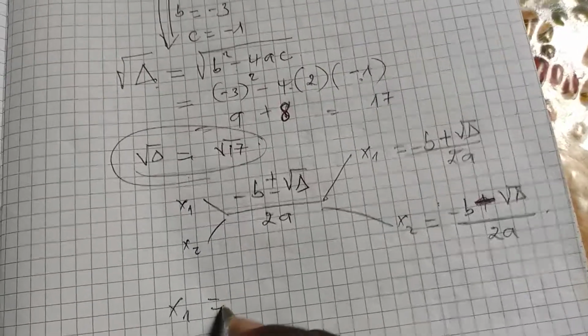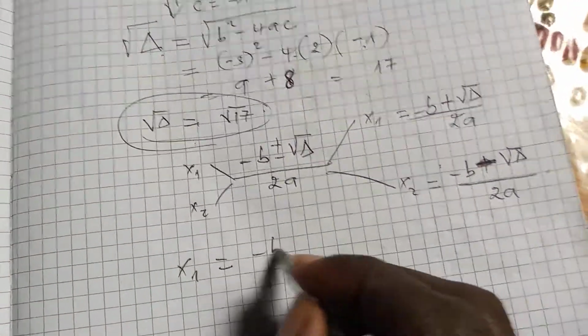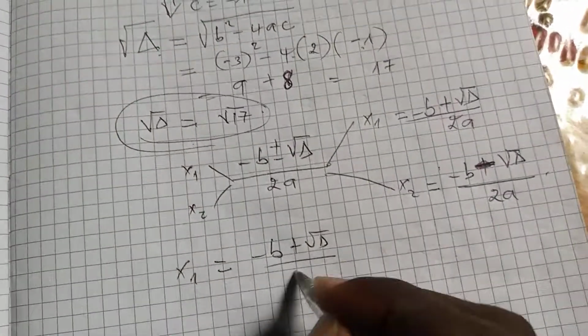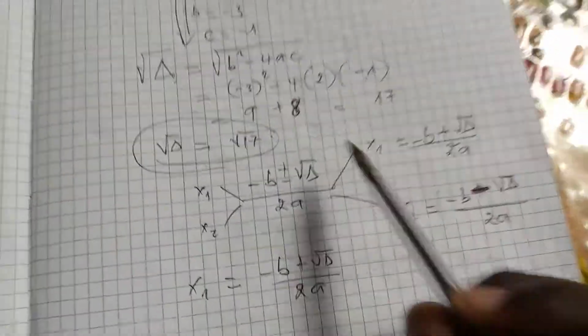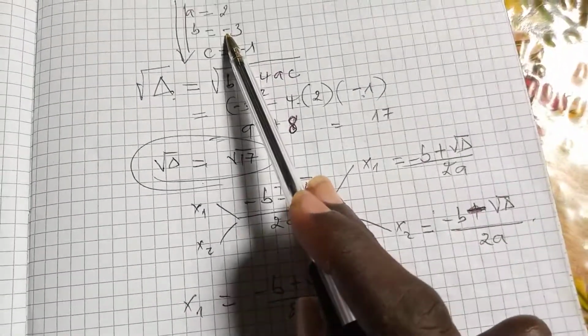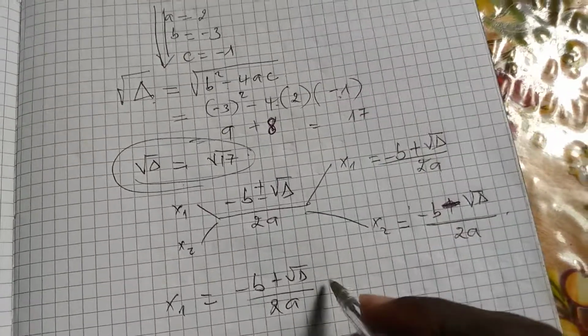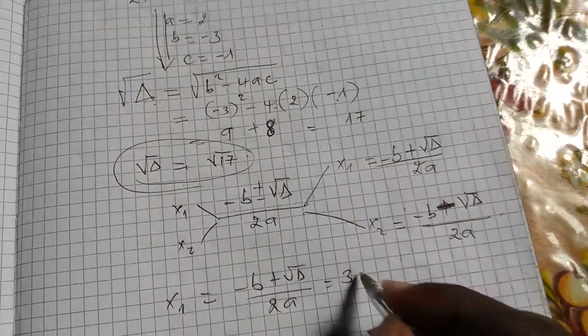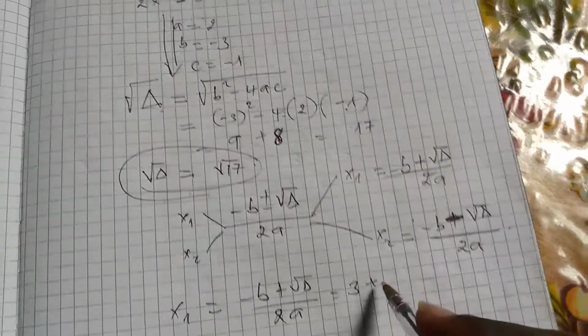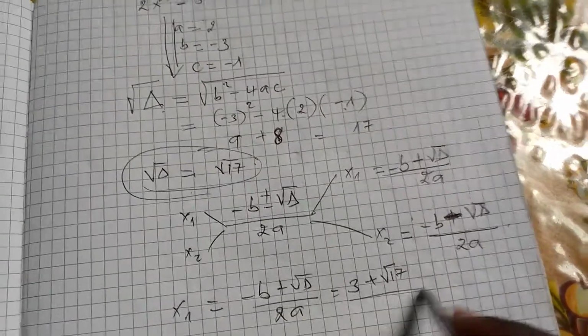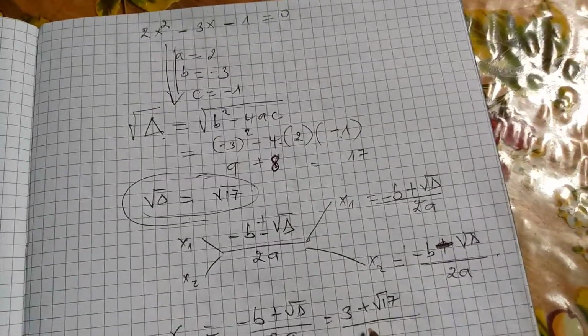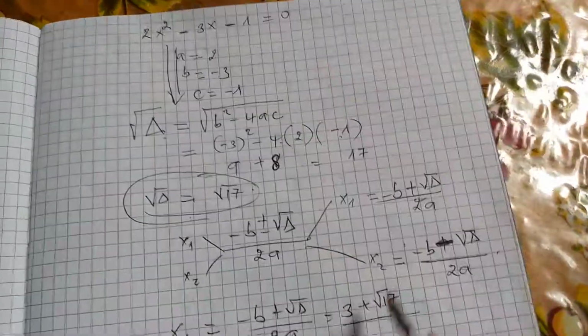Then x1 will be equal to minus b plus the square root of the discriminant over 2a. Minus b, with b equal to negative 3, will be equal to 3, then plus the square root of the discriminant, which is the square root of 17, divided by 2a. 2a means a equal to 2, so 2 times 2 will be equal to 4.